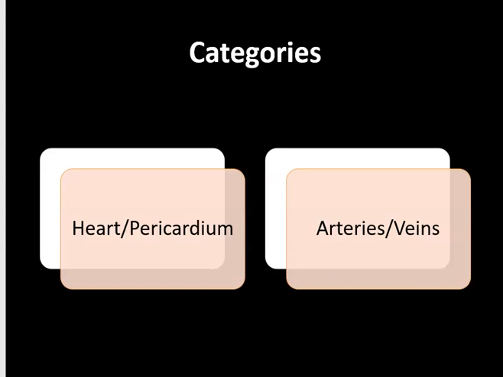The pericardium is a thin sac that surrounds the heart, and it protects and lubricates the heart and keeps it in place within our chest. And sometimes the pericardium can become inflamed or fill with fluid, which in turn can swell and damage and affect the function of the heart.